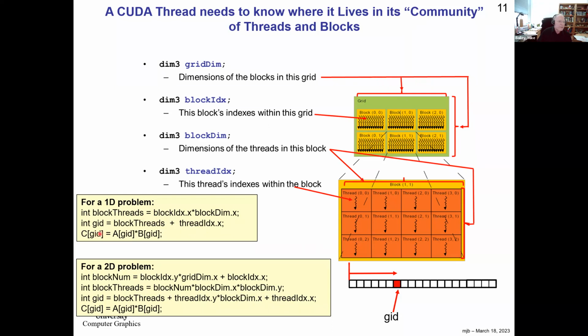Okay, and this global identifier will be different for each thread that runs. For a 2D problem, we would take the Y's into account. It's a little more complicated, but only a little bit. And again, we end up with a global identifier, and that's which one we go get out of global memory.